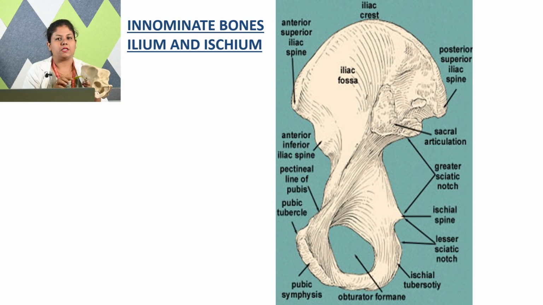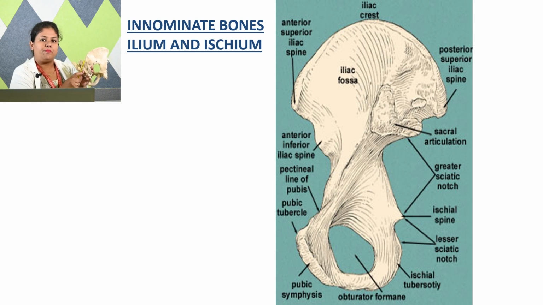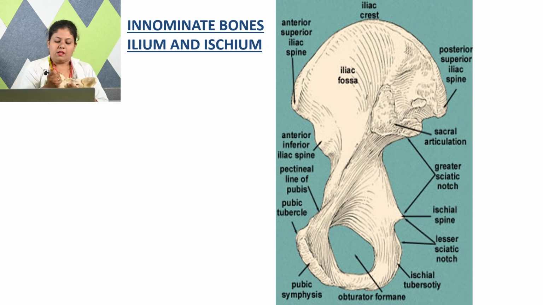At the posterior, it contains the same two spines, but the names are posterior superior iliac spine and posterior inferior iliac spine.